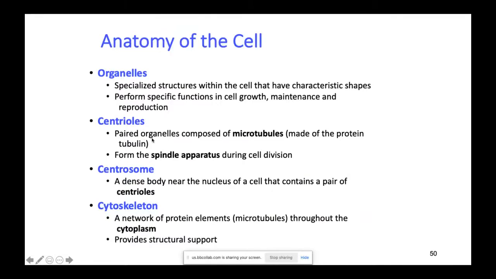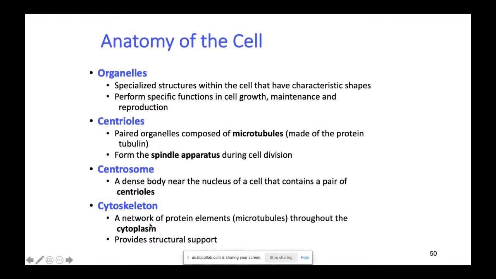The centrioles are these paired organelles that are composed of microtubules. Microtubules are a large type of protein, and they form the spindle apparatus, which is involved during cell division, known as mitosis. I showed you the centrosome, which was that black dense body.